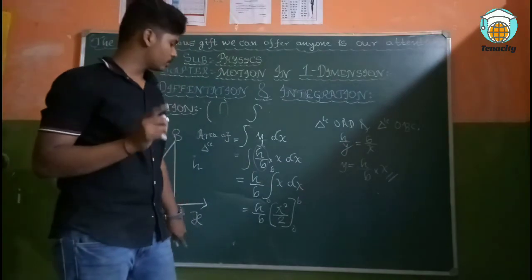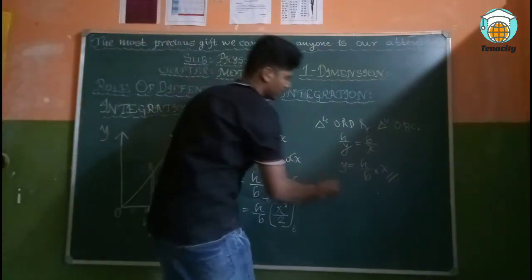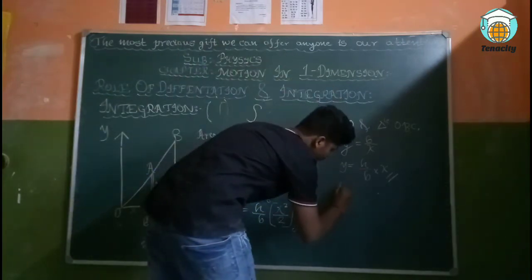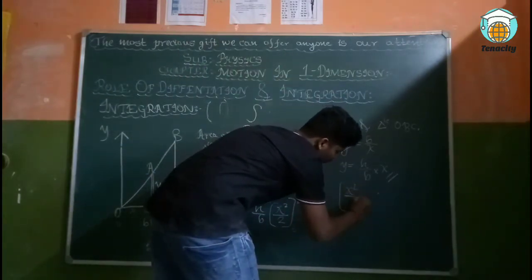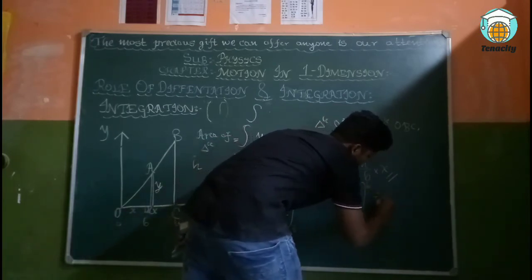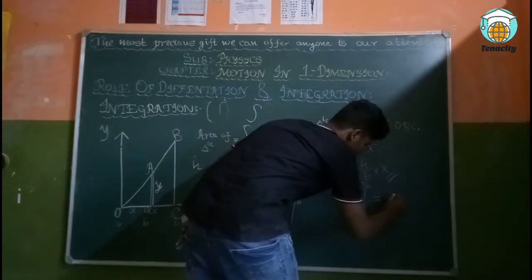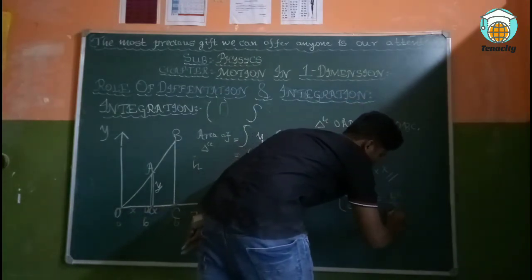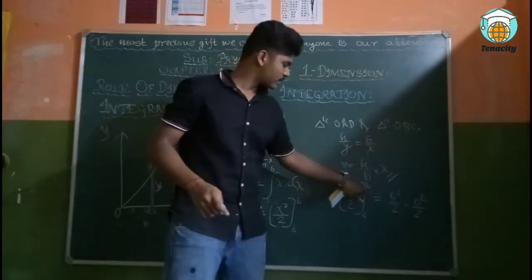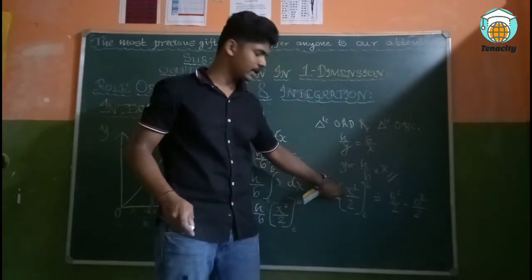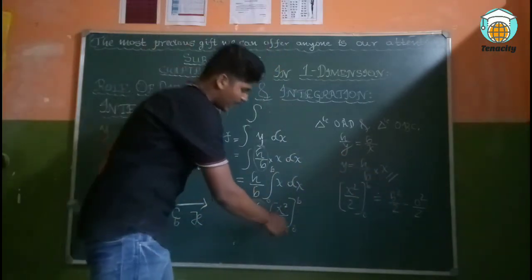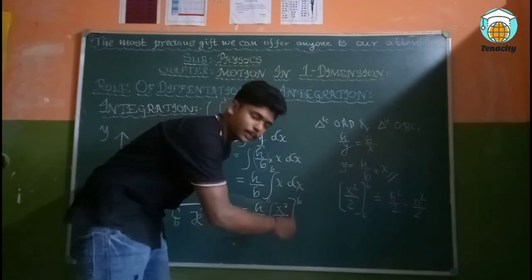I forgot to say something: when you get x square by 2 with the interval from 0 to b, it should be b square by 2 minus 0 square by 2. You have to substitute both values here and subtract. Now as this is 0, there is no need of subtraction.